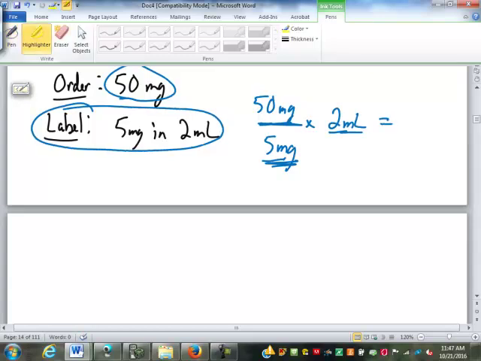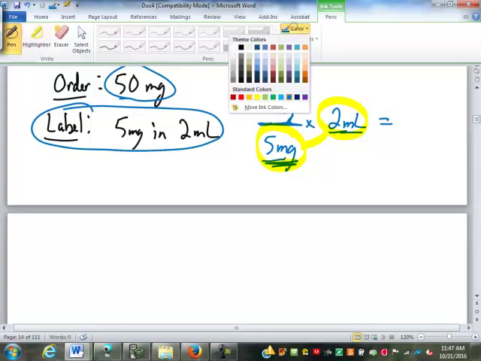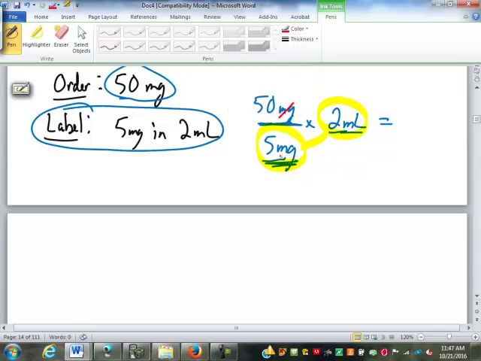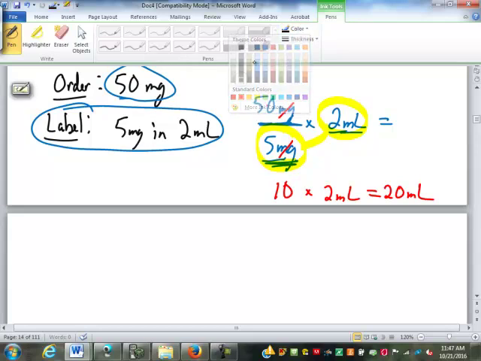So what that is telling us is every 5 milligrams of medication is carried into the body in 2 milliliters of that fluid. So now we calculate. Milligrams cancel out. 50 divided by 5 is 10 times the 2 milliliters. 10 times 2 milliliters is 20 milliliters. So we would administer 20 milliliters of that medication to our patient.